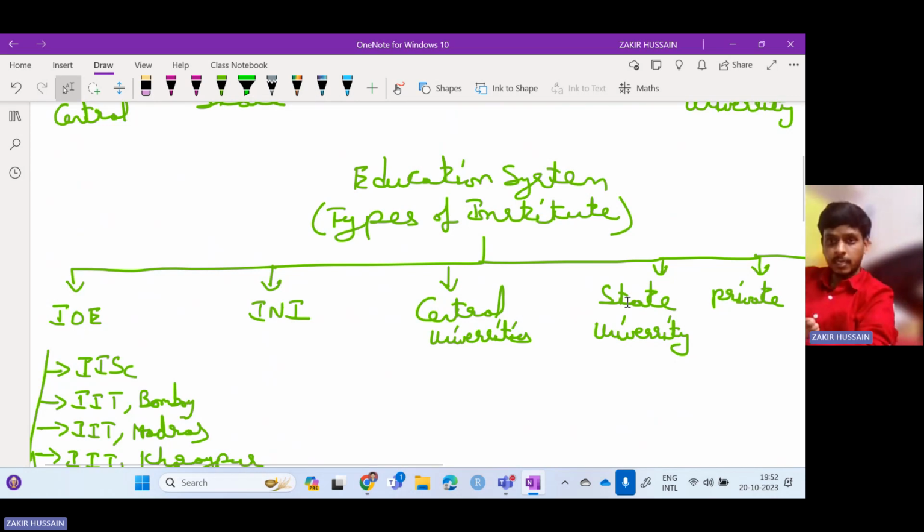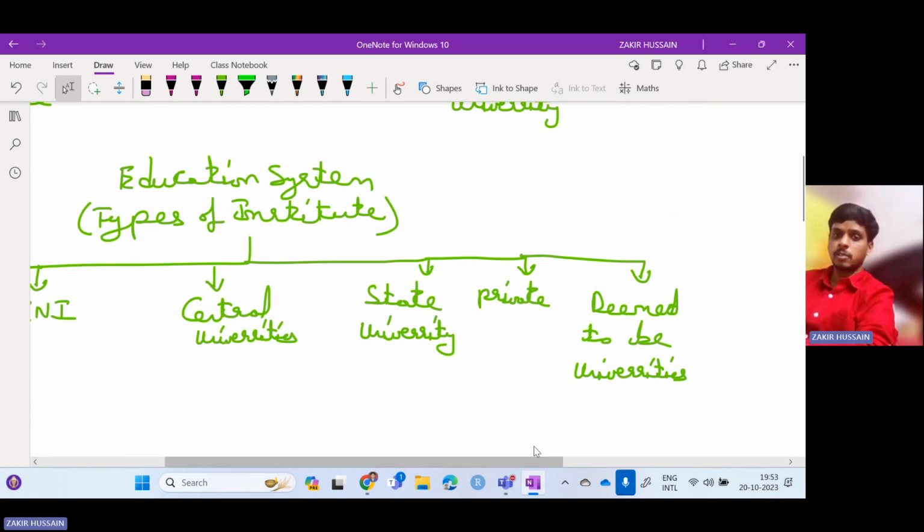In Hyderabad, we have Osmania University, Dr. B.R. Ambedkar Open University, Kakatiya University. In the neighboring state of Andhra Pradesh, we have Andhra University, Jawaharlal Nehru Technological University Kakinada, Anantapur. All these are completely state government funded universities.